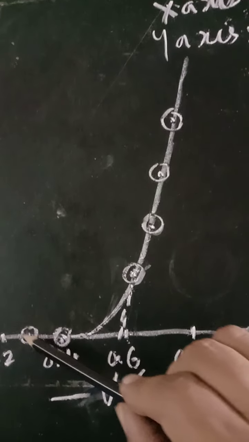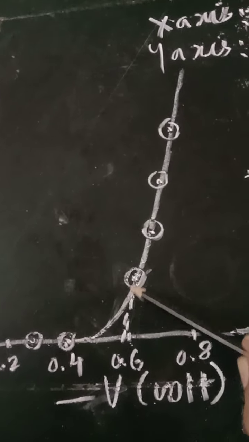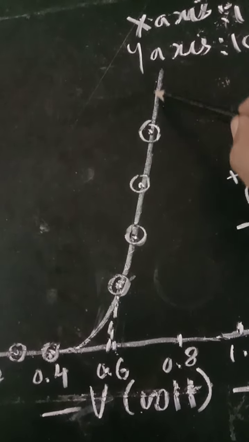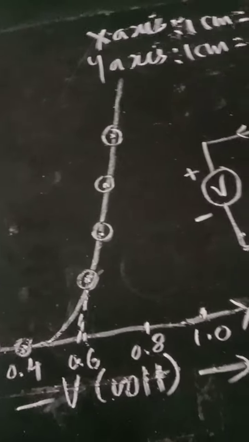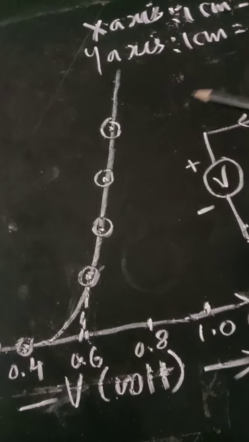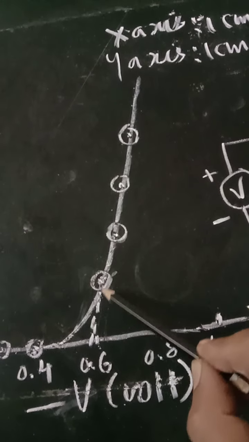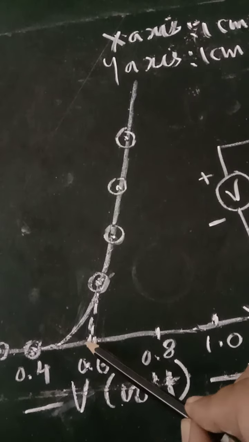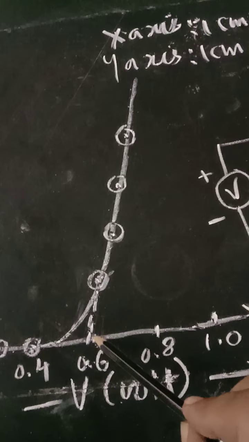Then join them starting from the origin, with a free hand, so that you will get the IV characteristics of the PN junction as shown. That will be a slight curve. Then draw a tangent to this line. After joining these points, draw a tangent, so that this tangent will meet the x-axis, suppose at 0.6.